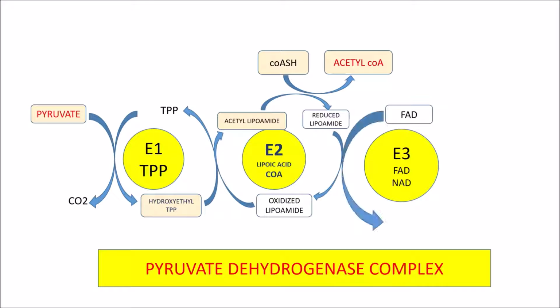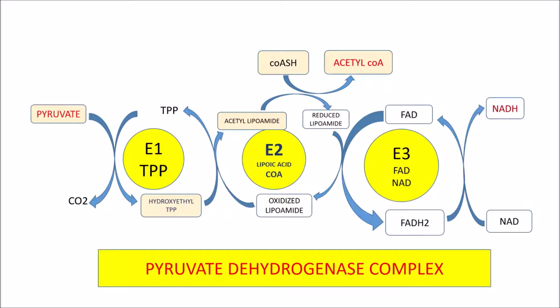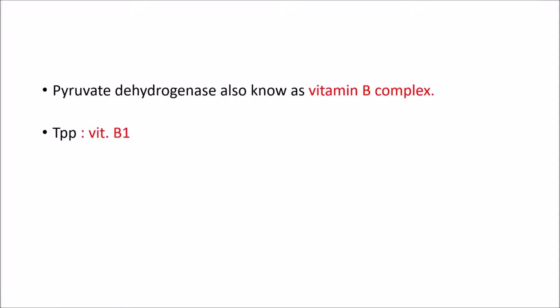With the help of FAD, it will oxidize the lipoic acid and make the E2 return to its initial state and form FADH2, and another NAD is reduced to NADH, and at last we will find NADH.